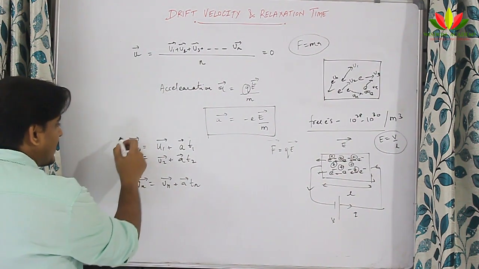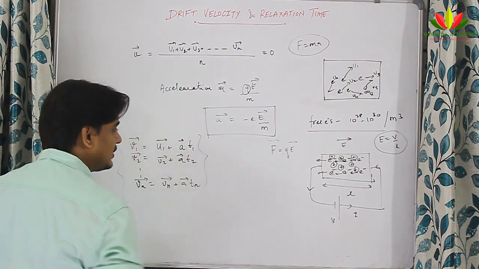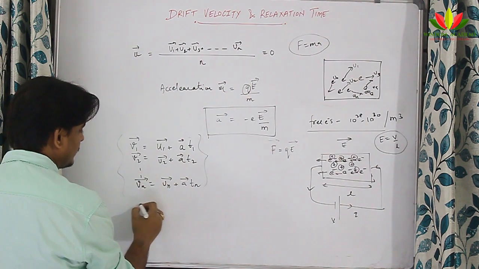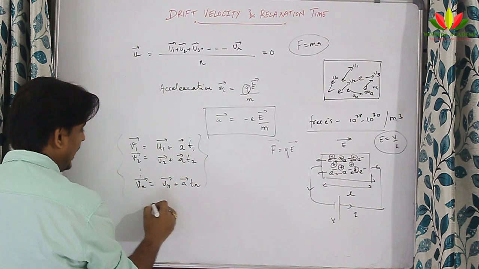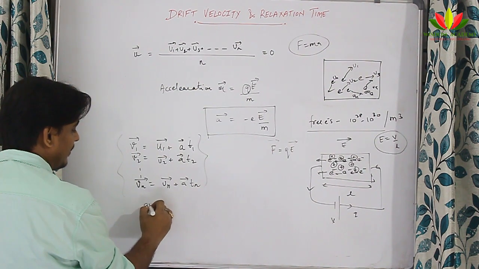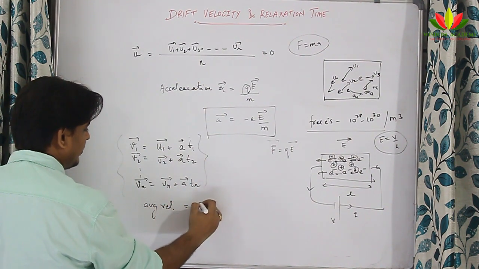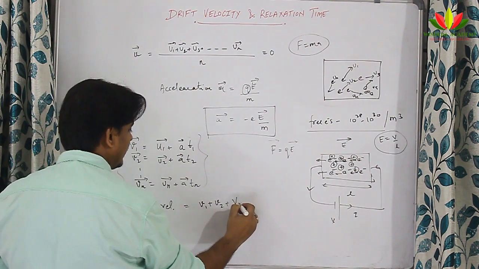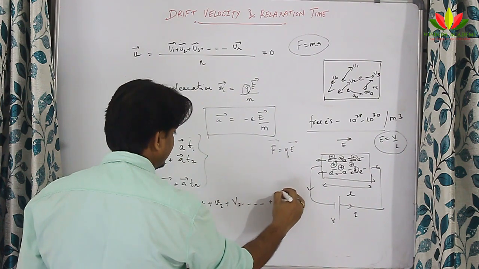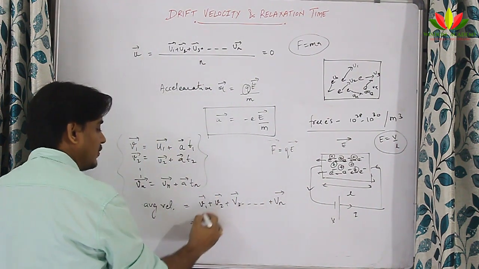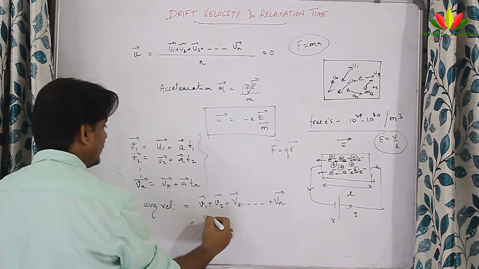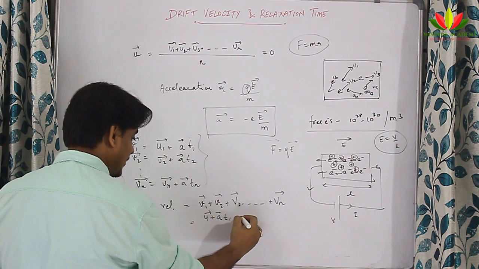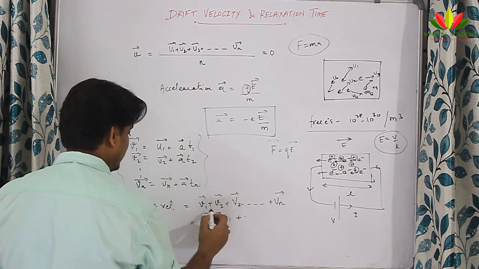When I club it together, if I take the average of all these, the average velocity will become V1 plus V2 plus V3 up to Vn. Now, put the values of V, you will get u1 plus a t1.